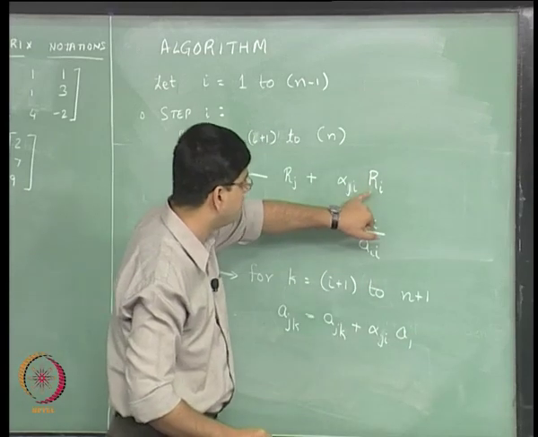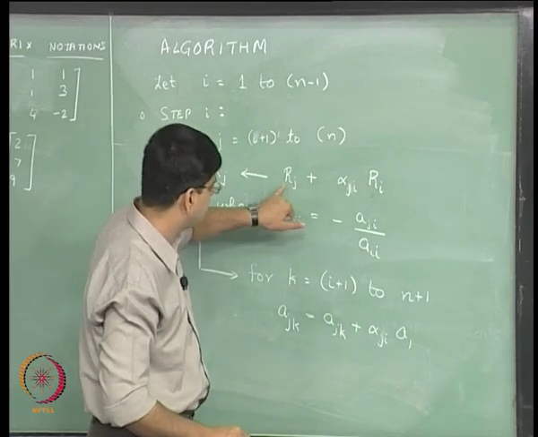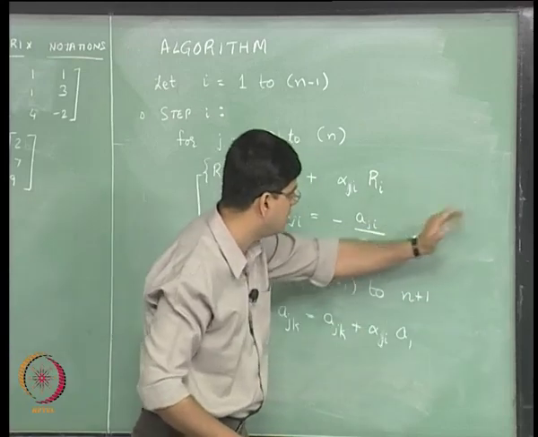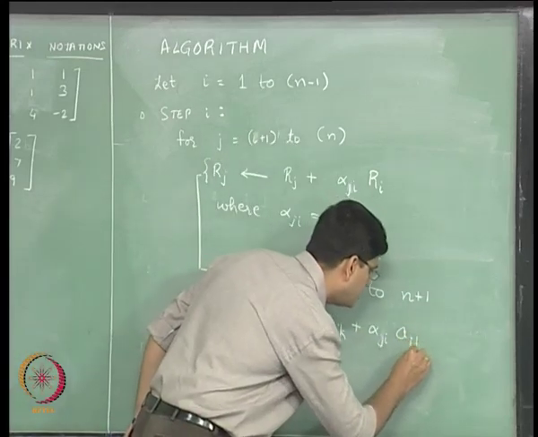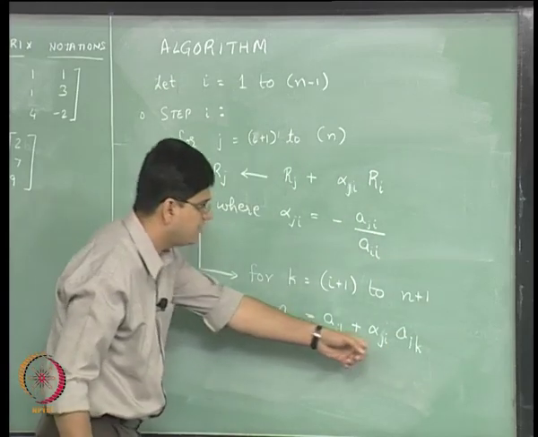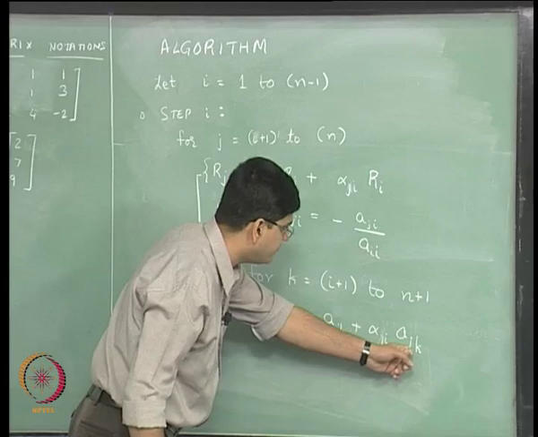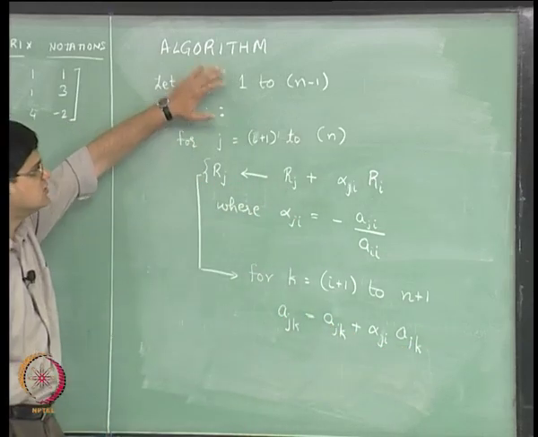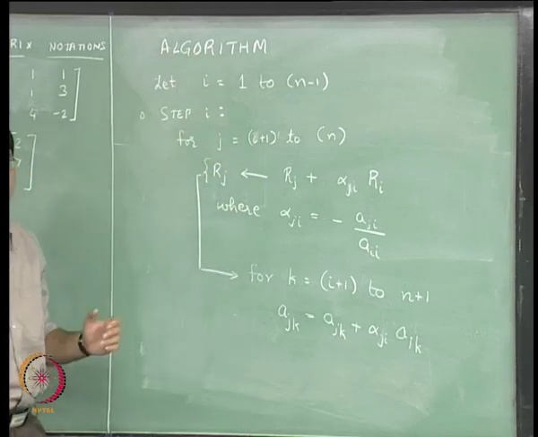I am sorry, we are going to use the ith row in order to make zeros in the jth row ith column, and this will change all the other columns as well. So this is a I comma k, the kth column, and we are going to use the row I in order to change that particular variable. So this is very roughly what algorithm we are going to follow.